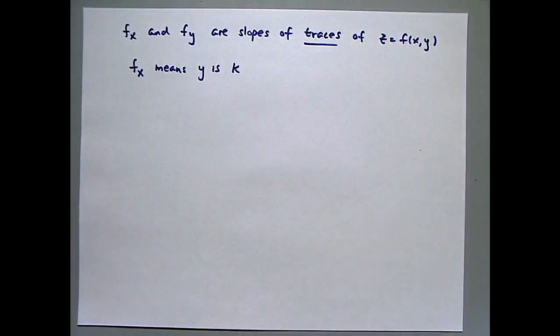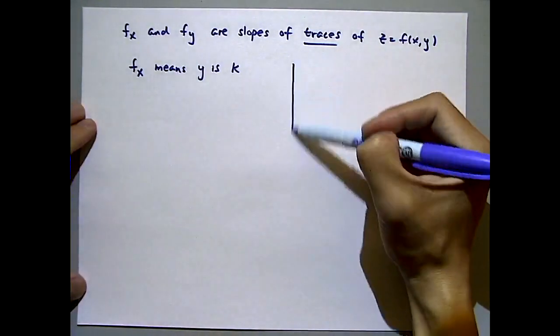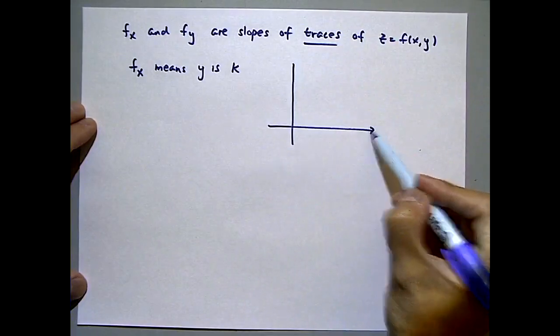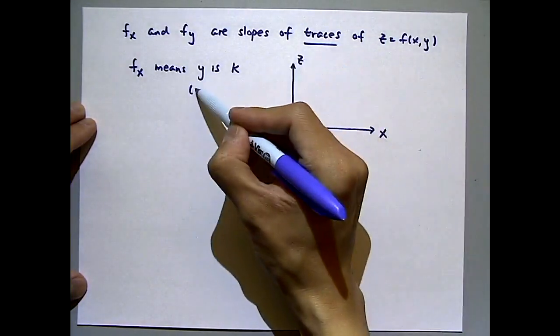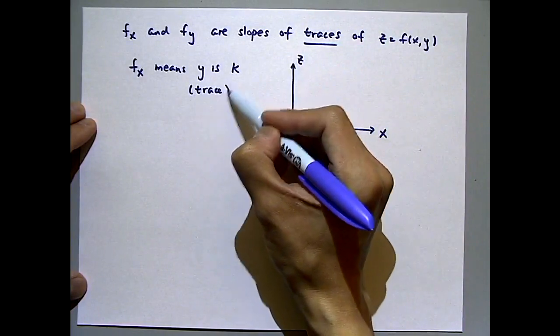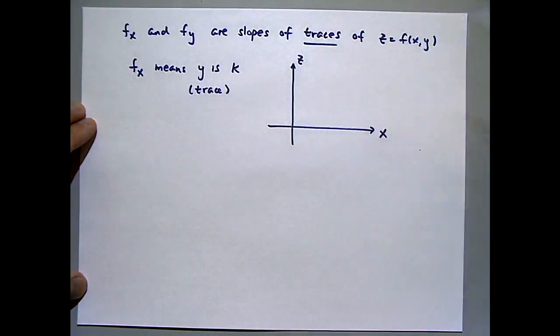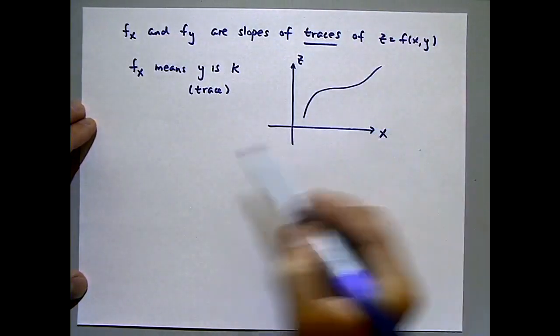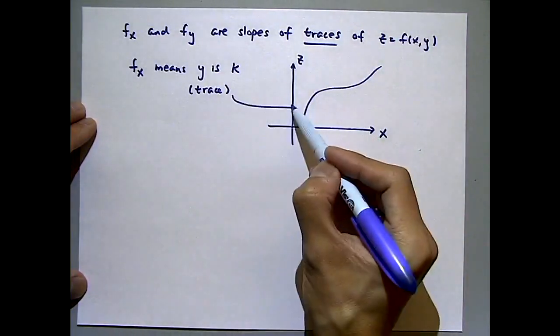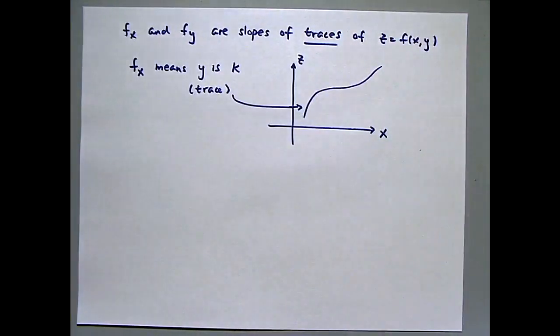So that's a trace when we hold one thing constant and we look at how z and x are changing. And for example, let's suppose on the z-x plane, the graph looks something like that. So that's our trace. When you hold y constant, whatever comes out, that's our trace.